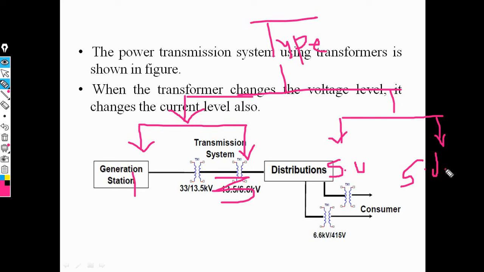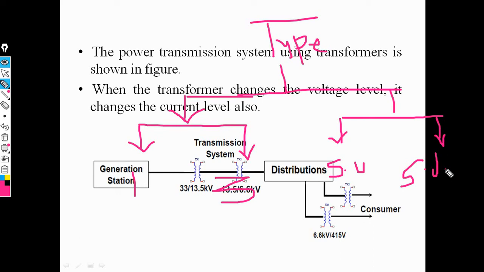What is the difference between a step up transformer and a step down transformer? A step up transformer is defined as one whose output voltage is greater than the input voltage, and in a step down transformer, the output voltage is less than the input voltage.